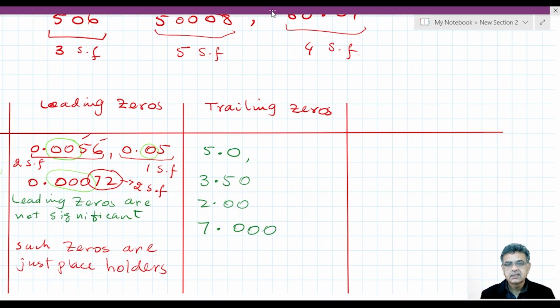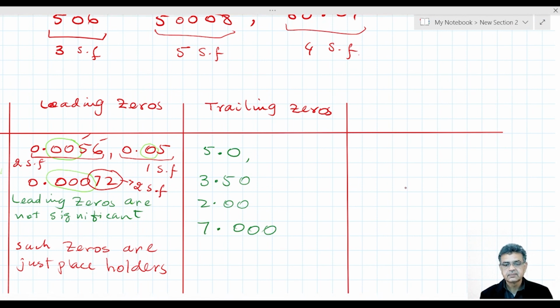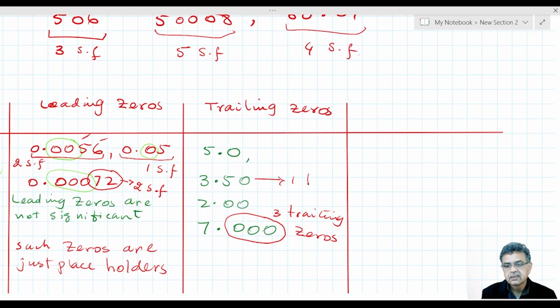So in this case, if there are trailing zeros, these three are three trailing zeros. This is one trailing zero. This is one trailing zero. And what is the number of significant figures?